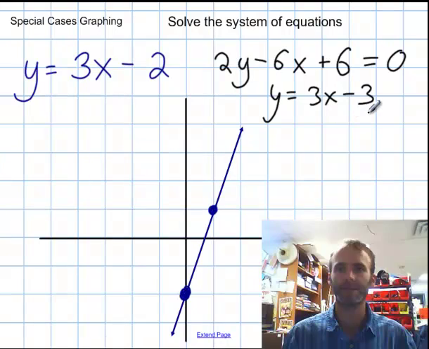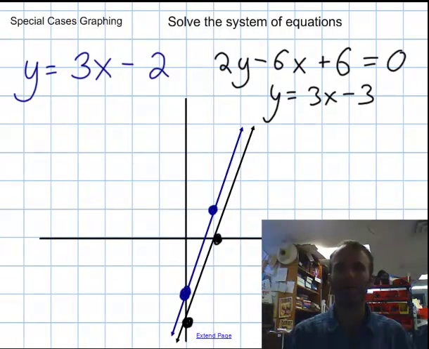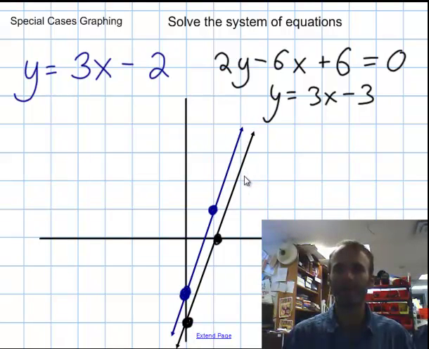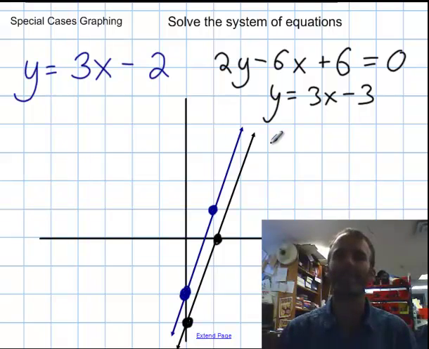Well, the first thing is, let's go to my y-intercept. My y-intercept is -3, so -1, 2, 3. That's right here. Now my slope is 3 again, so I rise 1, 2, 3, and run 1. There's my second point. And I graph this, and you'll see that these two lines are, what's the word for it?